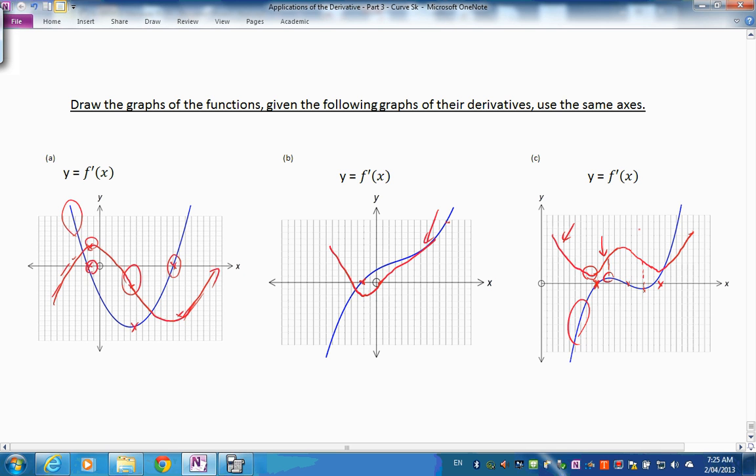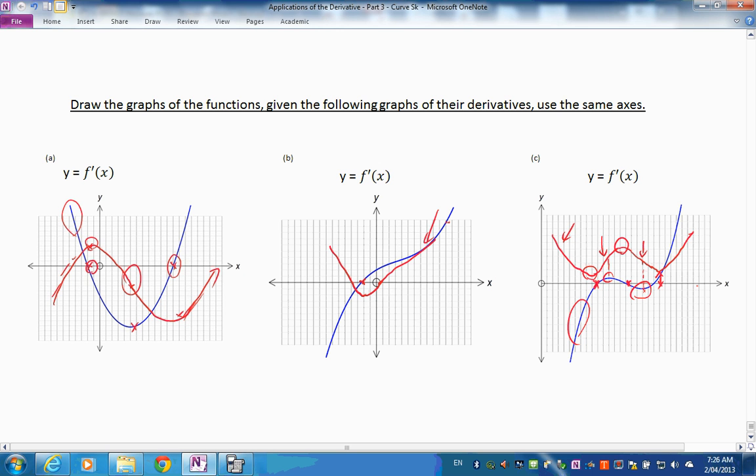They're going positively, keep going positively until here, so that's a turning point, and then they go negatively to the most negative, so that's a point of inflection, before they start to turn positively again, and this derivative is 0, so it's got to be a turning point. So a fair bit of work there, a fair bit of work.